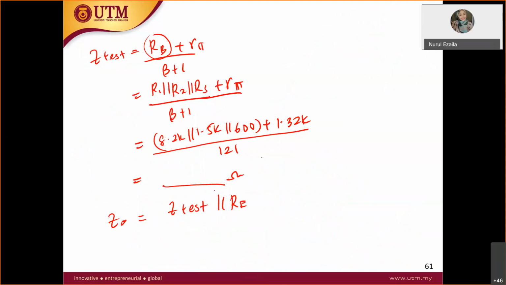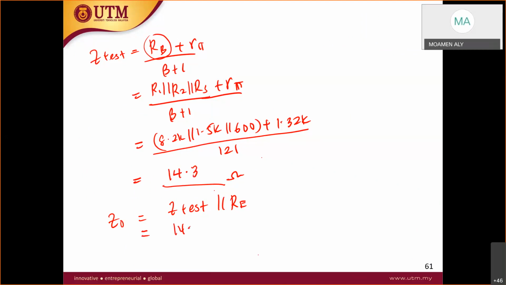Can someone calculate for me the Z test, please? Fourteen point three. 14.3. Yeah. All right, thank you.